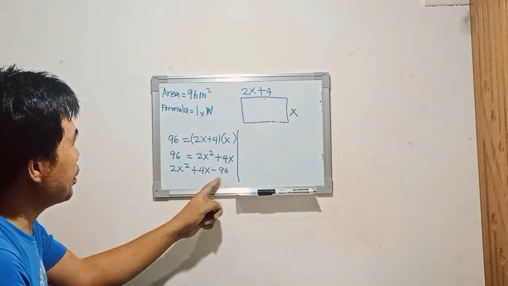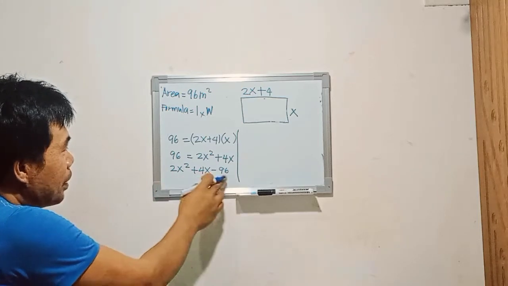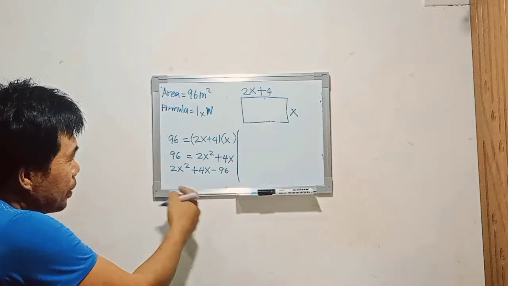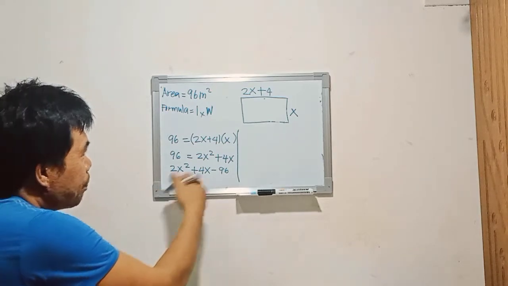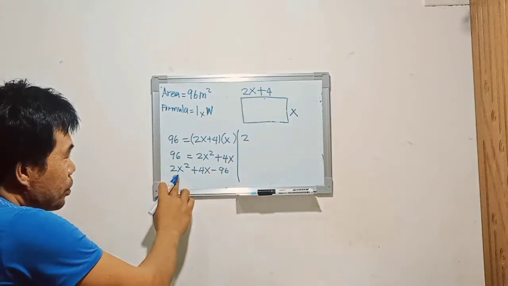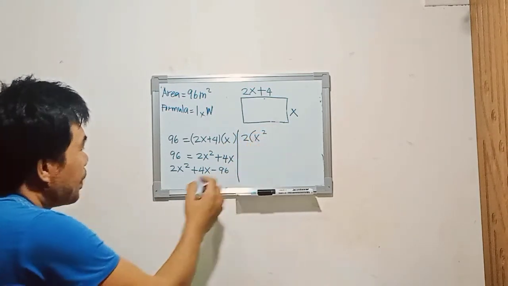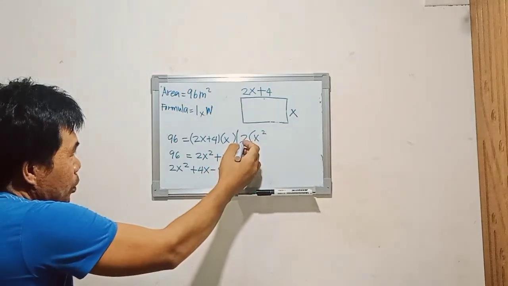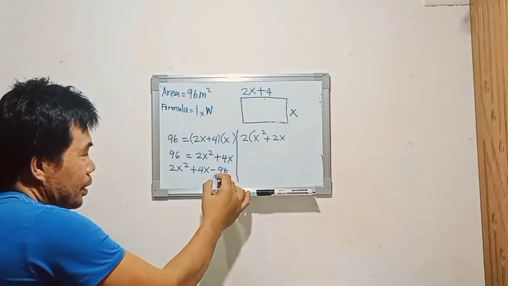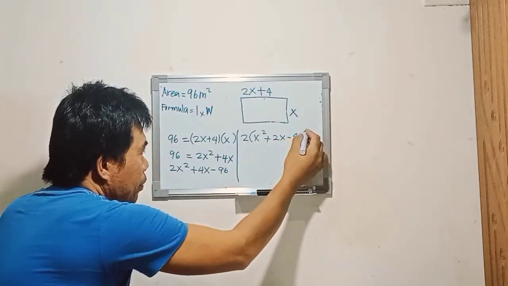Since this trinomial has coefficients of even numbers and the leading coefficient is 2, we will divide all the coefficients by 2. So we have a common factor of 2. 2x squared divided by 2 is x squared. 4x divided by 2 is positive 2x. And negative 96 divided by 2 is negative 48.